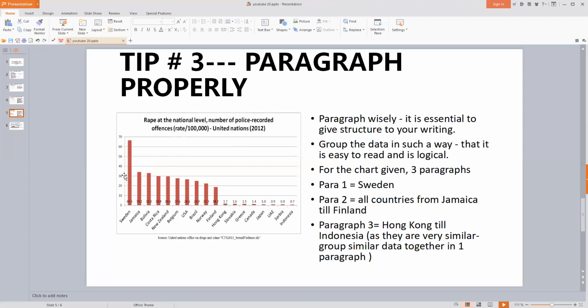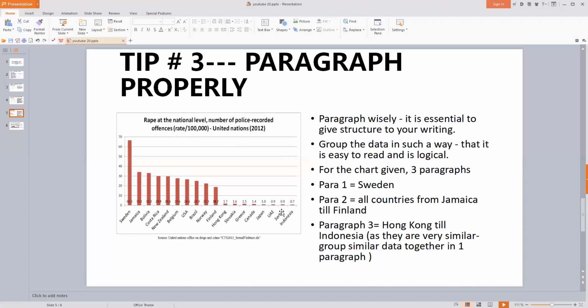Then in paragraph 2, I will talk about countries from Jamaica to Finland, because the number of rape cases in these countries is very similar, so I can group them in one paragraph. Whereas in the third paragraph, I will talk about countries from Hong Kong till Indonesia because they are similar and I can group them.